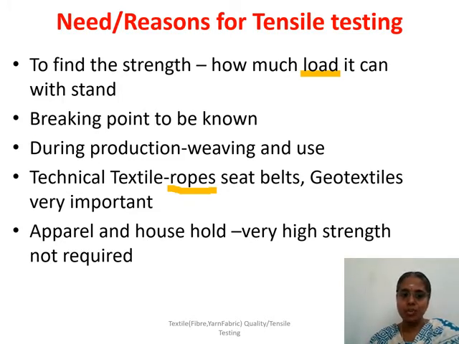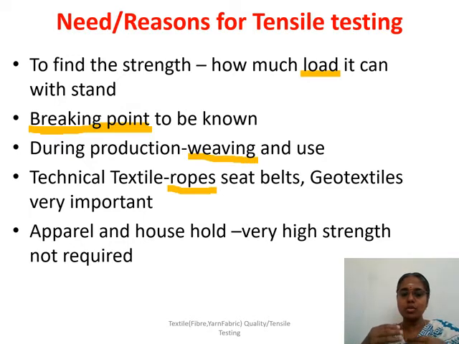So the breaking point has to be known. When you know the breaking point of the material, you can know how much load it can withstand, and where you can use that material. So how much force you can apply in weaving.